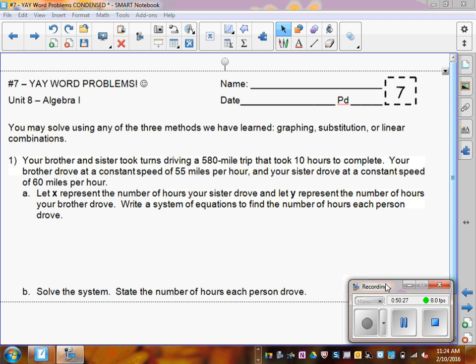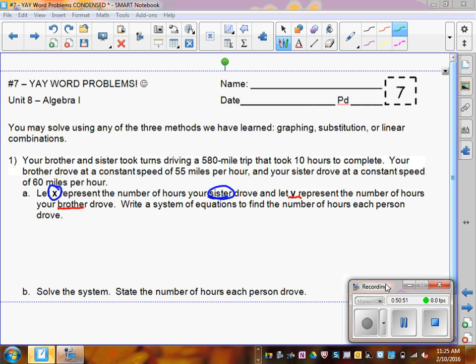So again, two variables, x and y, we need two equations to solve for it. So they gave us x as the number of hours your sister drove. And y is the number of hours your brother drove. Okay, so let's take a look at our information. Again, we have two equations.